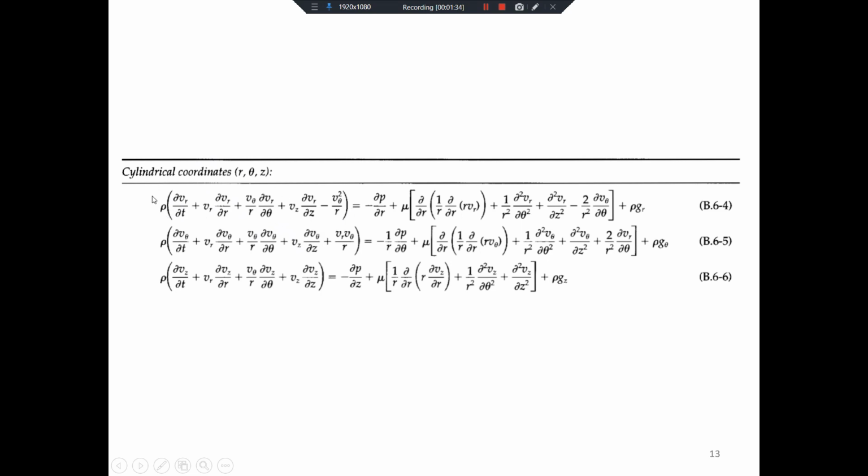This is rho times all of these partial derivatives of v, minus the component of the gradient of pressure in the r direction, and then we have the shear stress components, which is plus mu Laplacian of v, the r coordinate of it, and plus rho g_r. So what you're really tasked with is taking the appropriate equation that you need to solve for, and then looking at all of the terms that cancel out because of the assumptions.